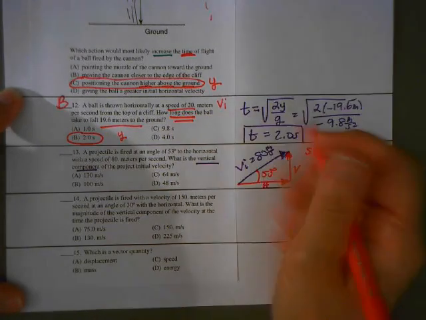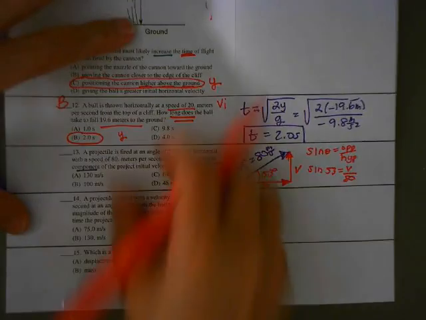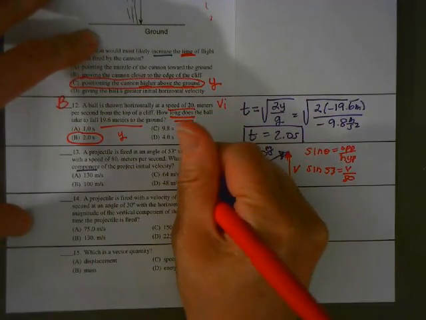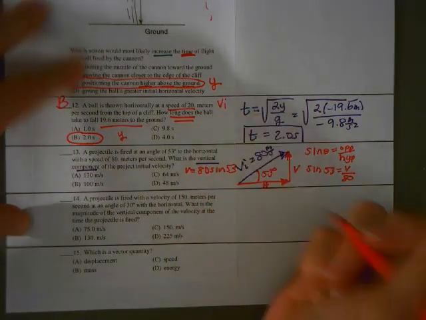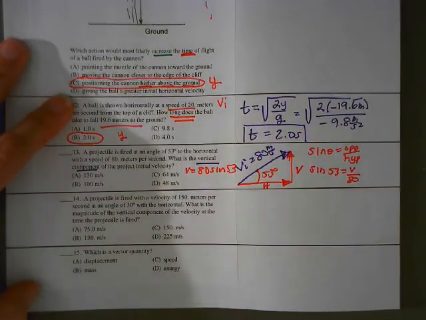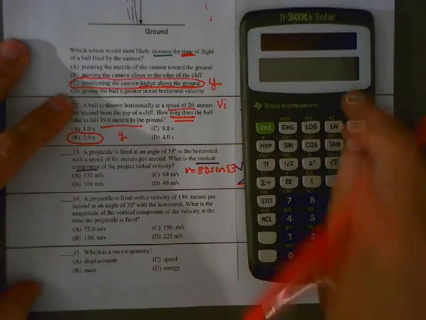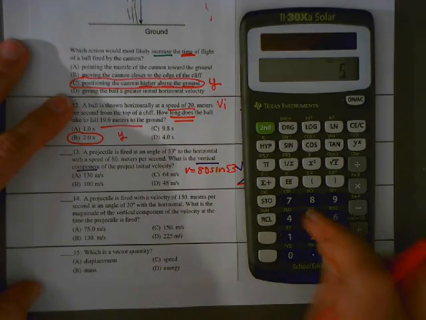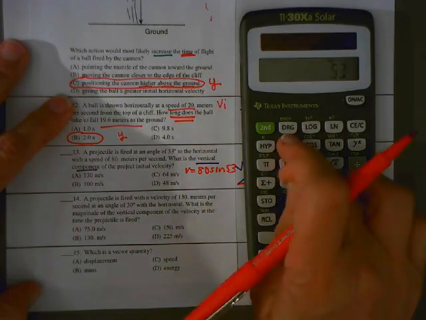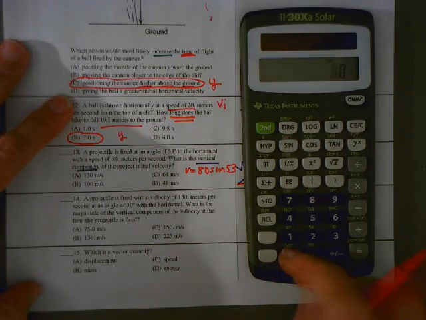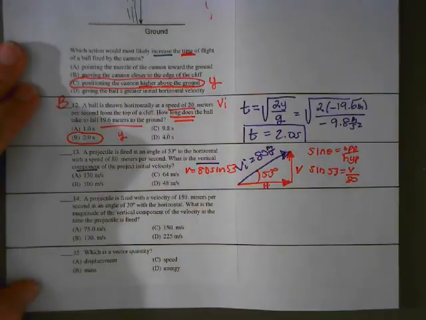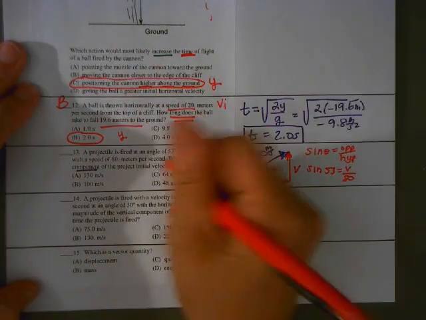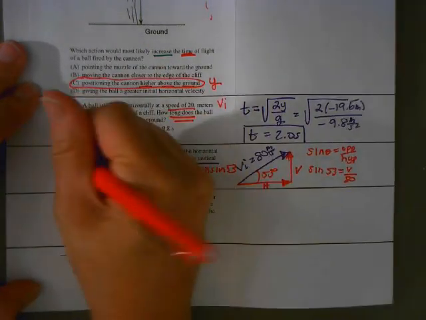So the vertical component is 80 sine of 53. On my calculator, I press 53 sine times 80 equals, and it says 63.8. So that's going to be this answer right here, 64.